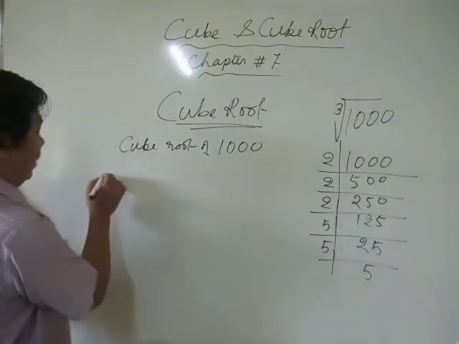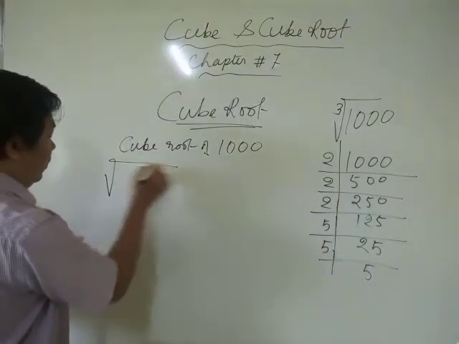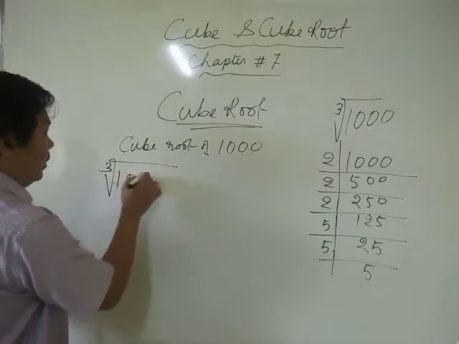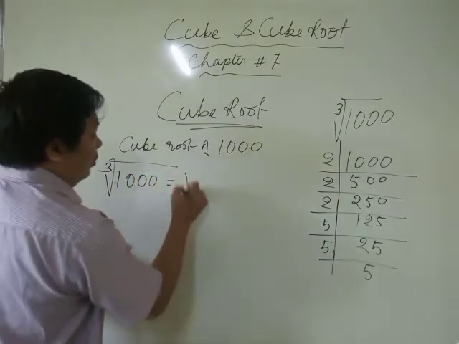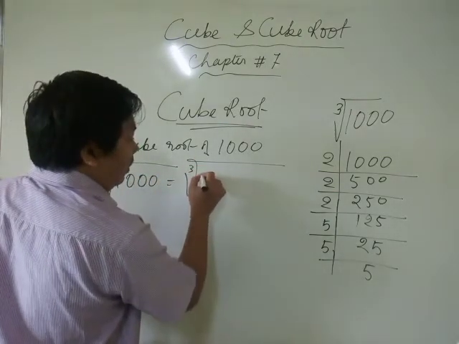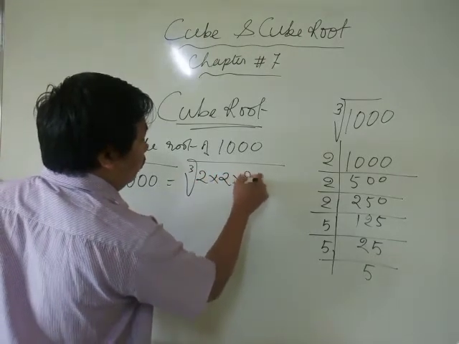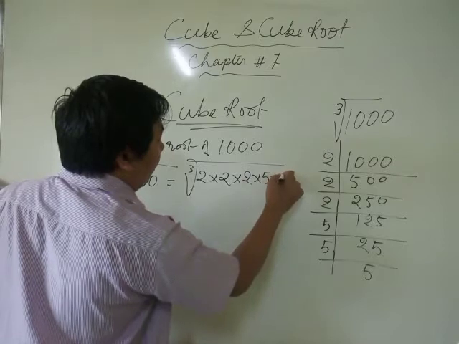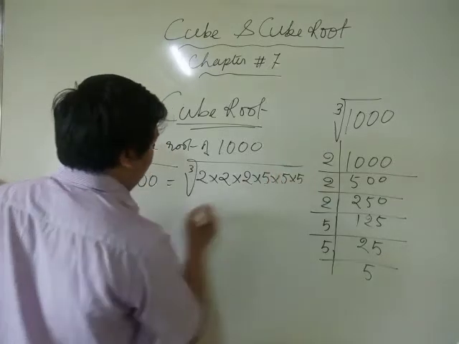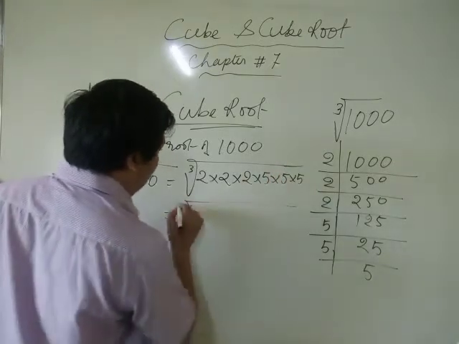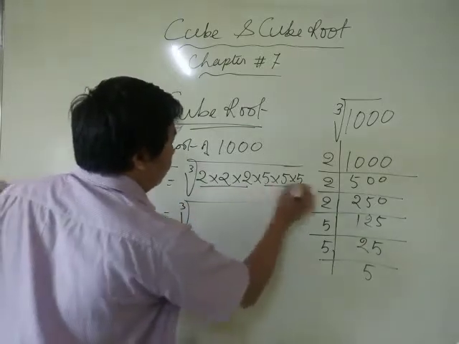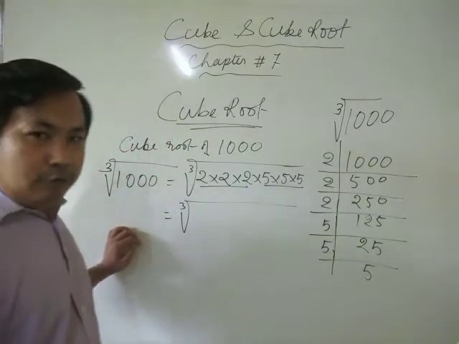So we can write here, cube root of 1000 equals cube root of 2 into 2 into 2 into 5 into 5 into 5. Then we are going to pair 3 of them, isn't it?